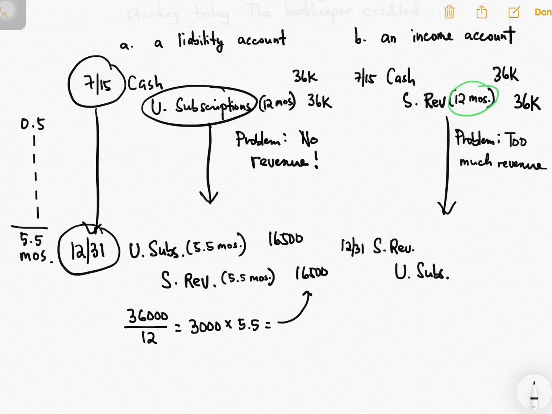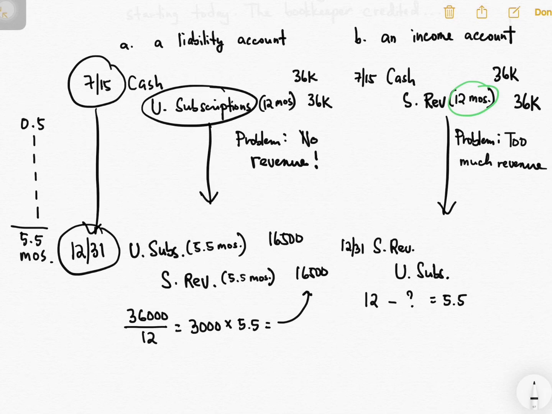Since you recorded everything as revenue, where is now your obligation for the coming year or the coming years, depending on the problem? So, you wrote it as 12, right? But it should only be 5.5. So, you will be reducing it by something. And that will be the number of months that you will debit in your subscription revenue.